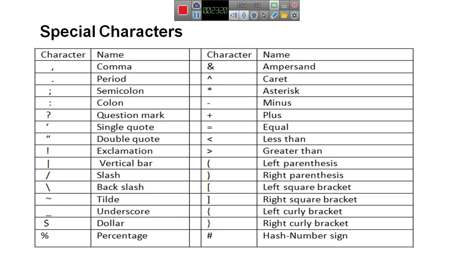These special characters are to be used while writing a program in C language. These are all called the special characters, special symbols.